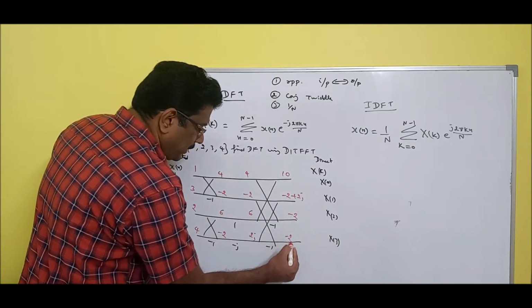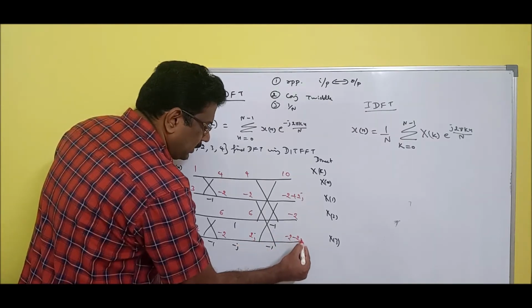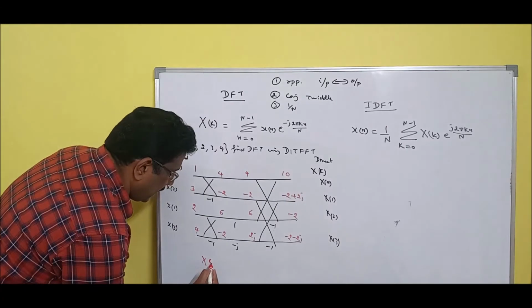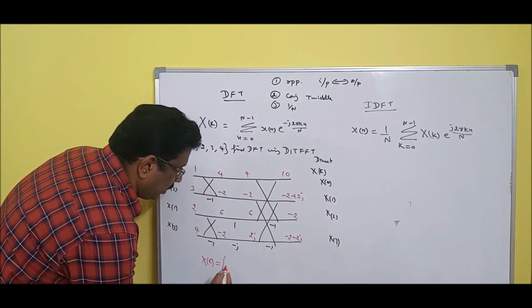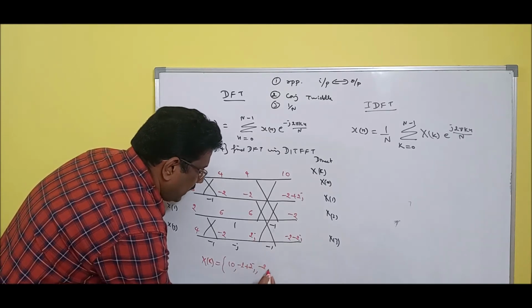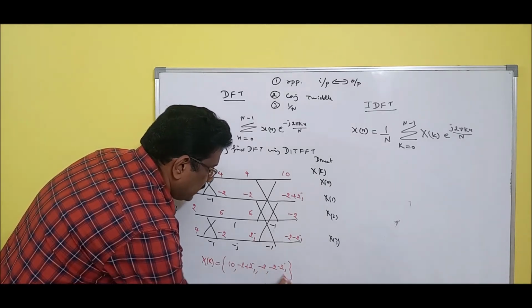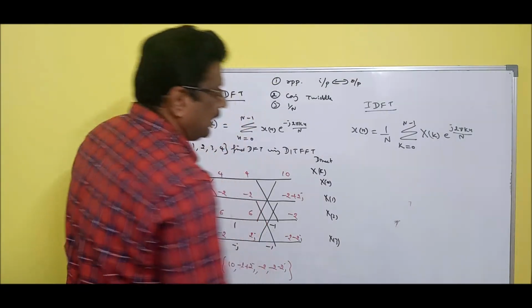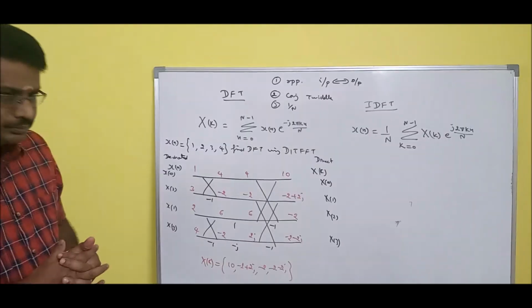Minus 2 minus 2j. This is the answer. Since it is direct, I can write it directly. X of k equal to 10, minus 2 plus 2j, minus 2, minus 2 minus 2j. Please remember, this is the answer we are getting. It's well and good.